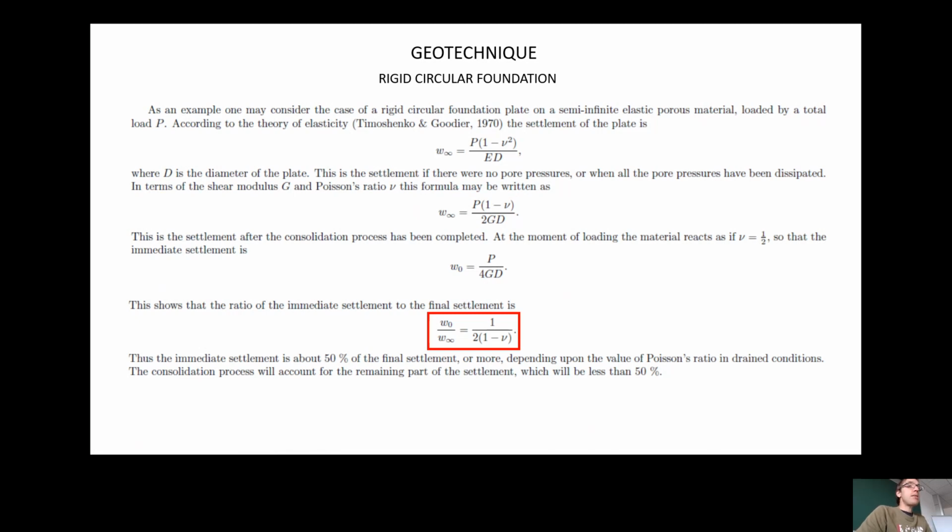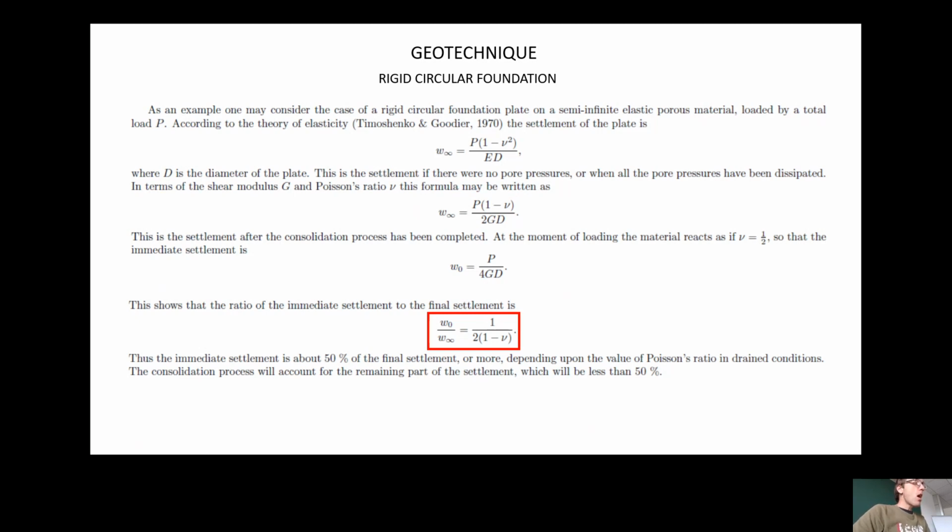This shows that the ratio of the immediate settlement to the final settlement is 1 over 2 multiplied by 1 minus nu. Thus, the immediate settlement is about 0.5, or 50% of the final settlement or more, depending upon the values of the Poisson's ratio in drained conditions.